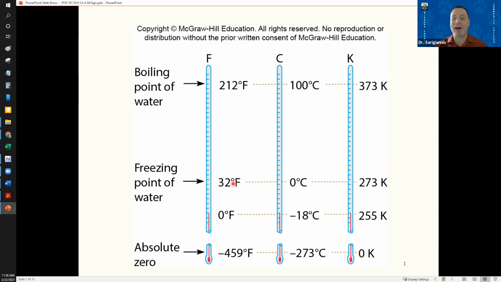The Fahrenheit scale, 0 degrees F is way down here. So 32 degrees Fahrenheit is the freezing point of water and 212 is the boiling point of water. Again, you're probably familiar with these two.